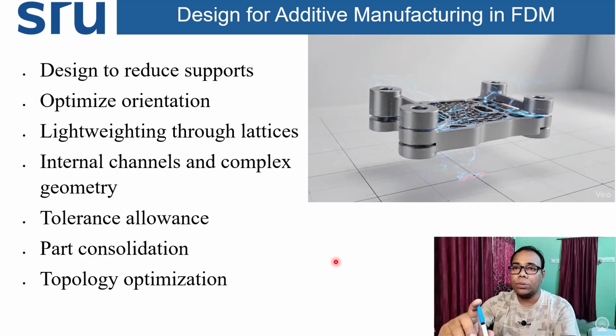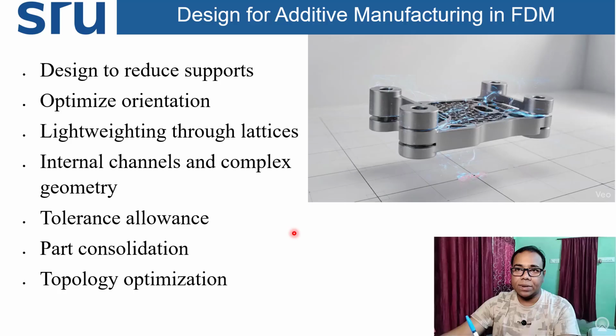For that, you have to design the product, or orient the product, change the layer height, or change the infill pattern, infill density, and maybe some lattice structure, how much tolerance is required, optimal orientation is required. Sometimes internal channels are required for very complex geometry design. Similarly, how much allowance is required.